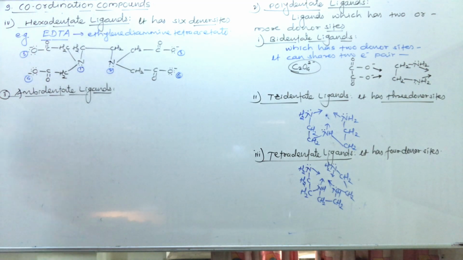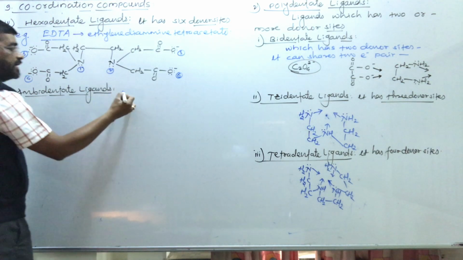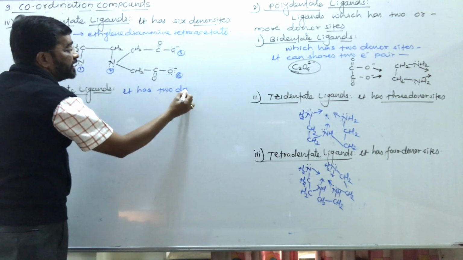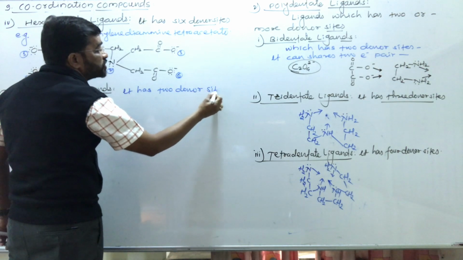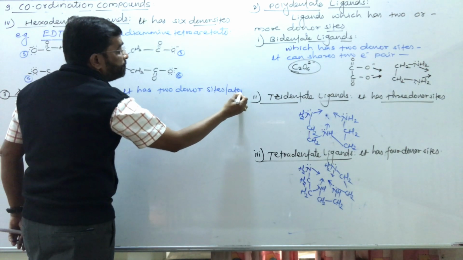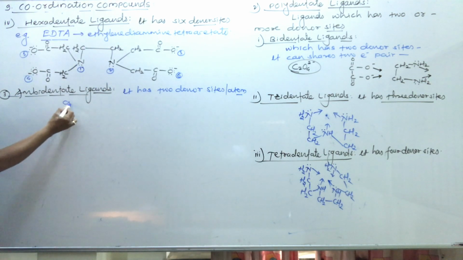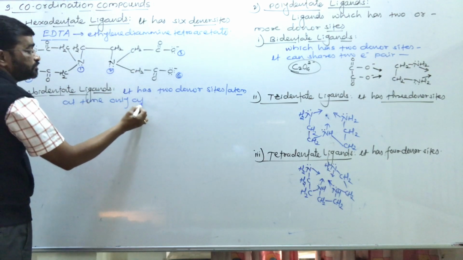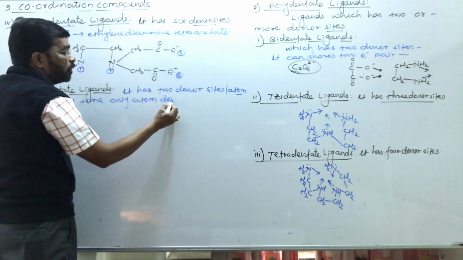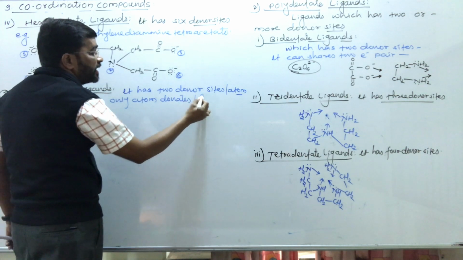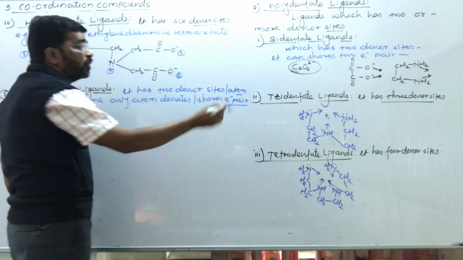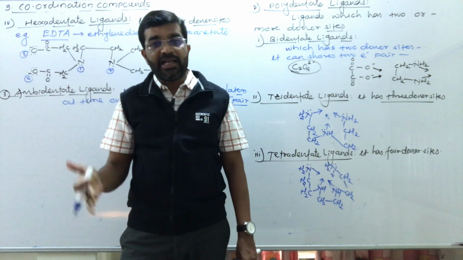Ambidentate ligands are ligands which have 2 donor atoms or sites, but at a time only one atom donates or shares its electron pair with the central metal atom or ion.